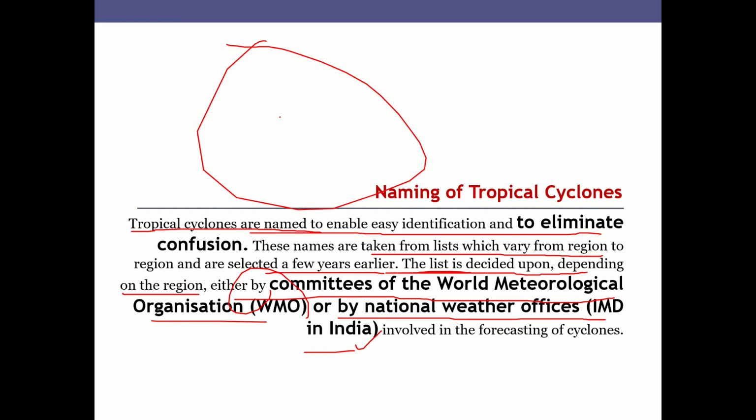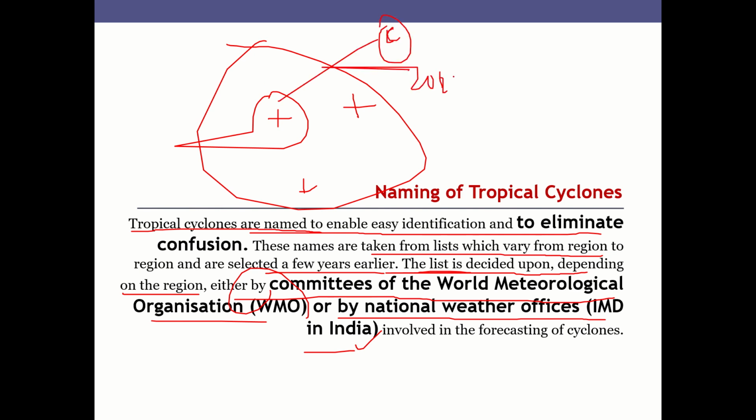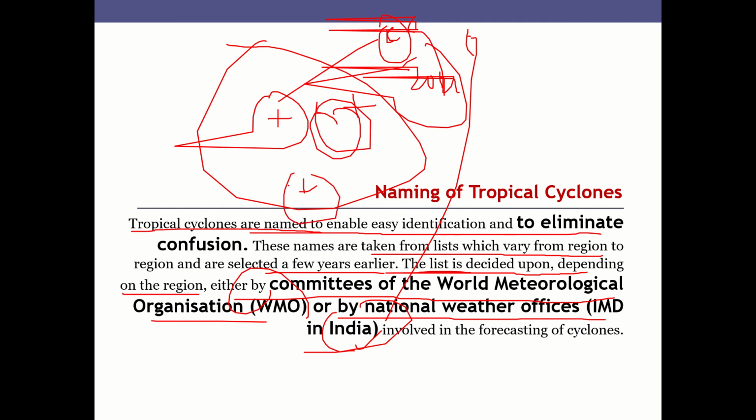Actually, each country is given a year. For example, any cyclone that forms in 2021 will be named by India or the Indian Meteorological Department. Or on a rotation basis, the country is given the task to monitor and name cyclones.